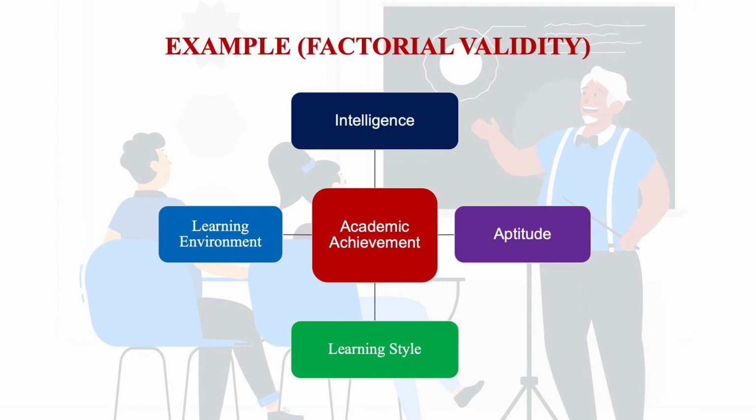So here as an example, in factorial validity, so far as academic achievement is concerned, what are the different factors of academic achievement? Intelligence is one of the factors for good academic achievement. Aptitude is also another factor. Learning style is also another factor, and learning environment is also another factor. So all these four factors contribute to validity of a tool.